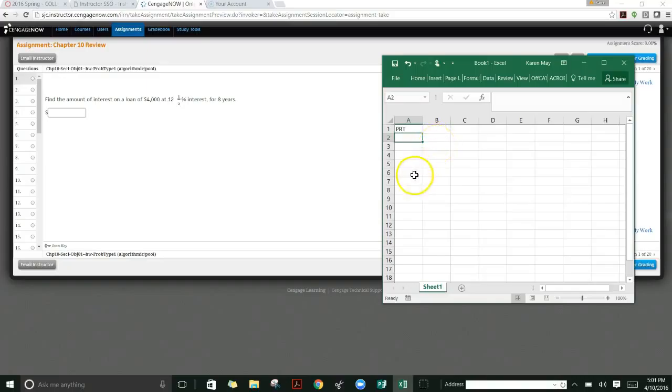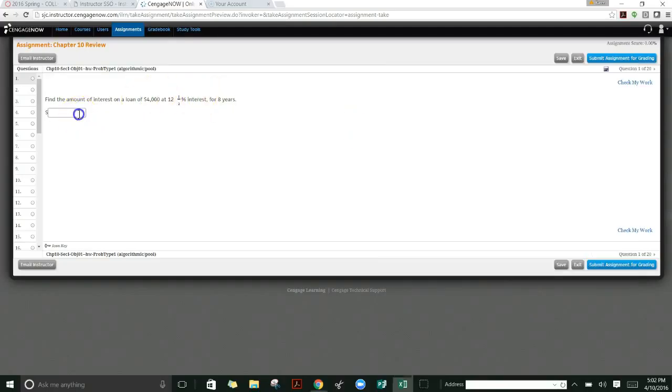So in the one that you're seeing on the screen, it would just be 4,000, 12.5%, and 8 years. So it would equal principal of 4,000 times the R, or rate, of 12.5 times 8 years, or $4,000.